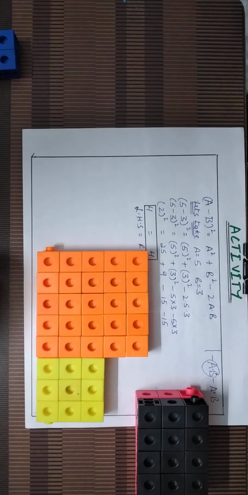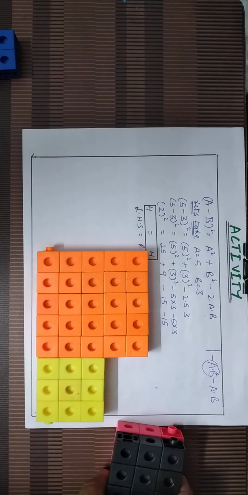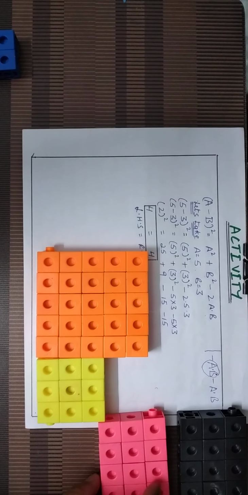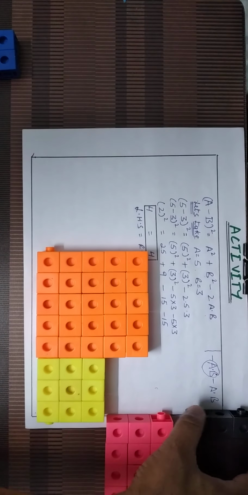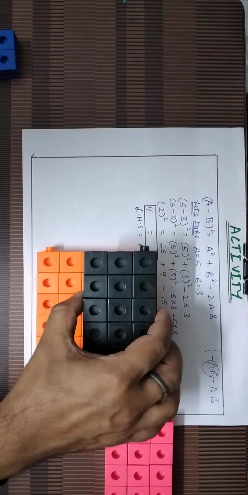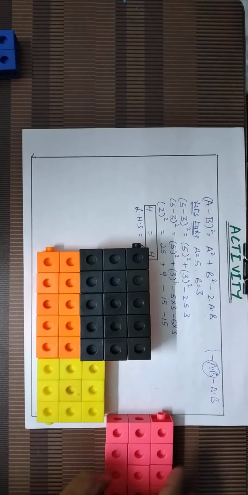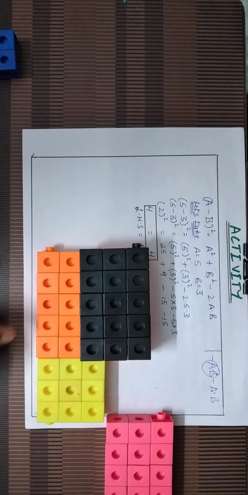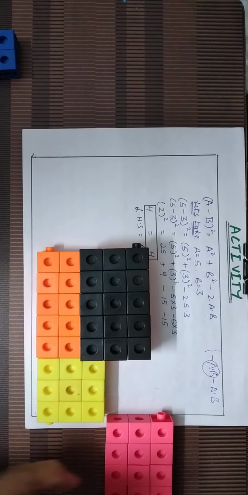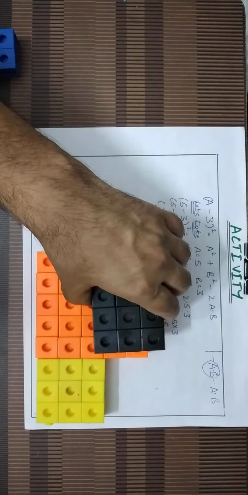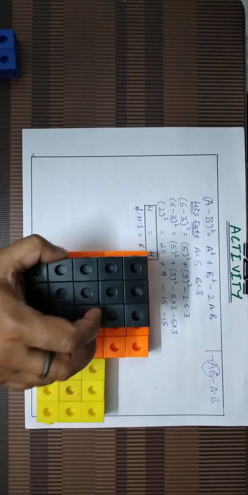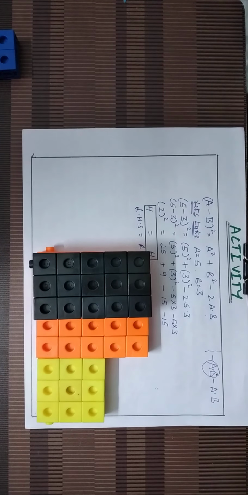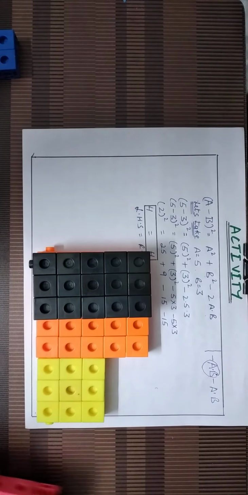Now we have to deduct these two rectangles having dimensions a into b from a square plus b square. So we will deduct these two rectangles from this a square plus b square. Here we have deducted the first rectangle, a into b, and this is my second rectangle.